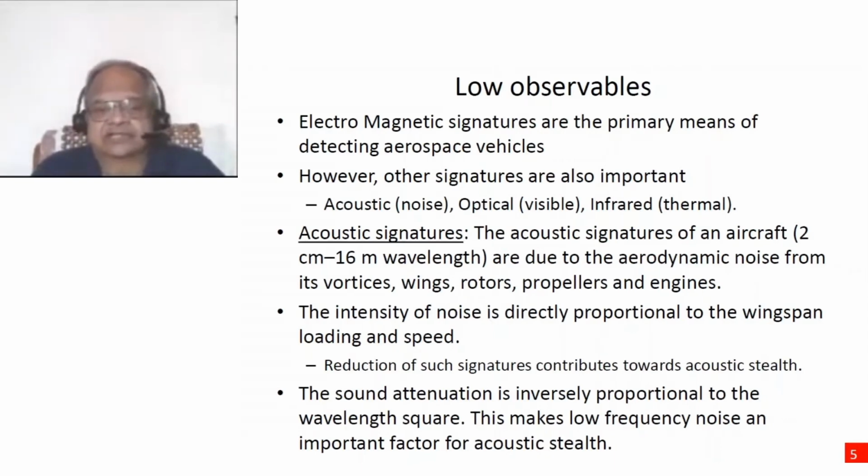So the reduction of such signatures contributes towards acoustic stealth, but as we all know, the wing loading is an important parameter as far as aerodynamic performance is concerned. So there's not much leeway for us to fiddle around only from the acoustic reduction point of view. However, that's one of the options which can be looked at.